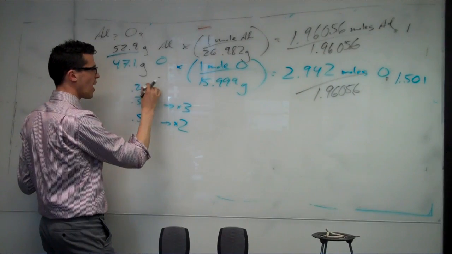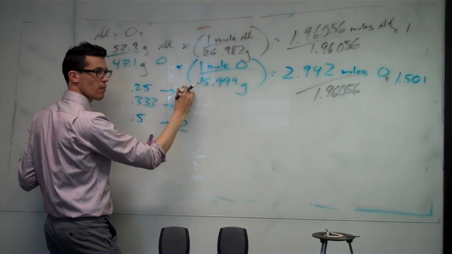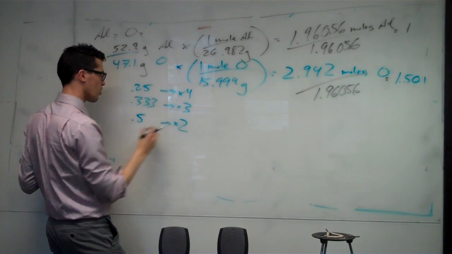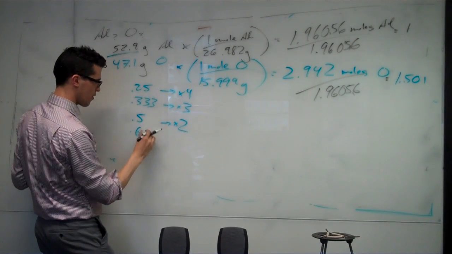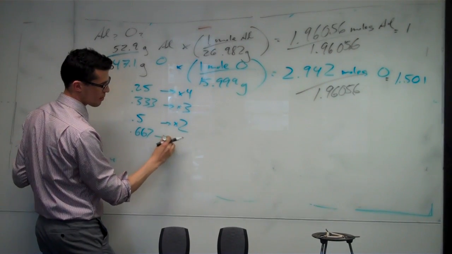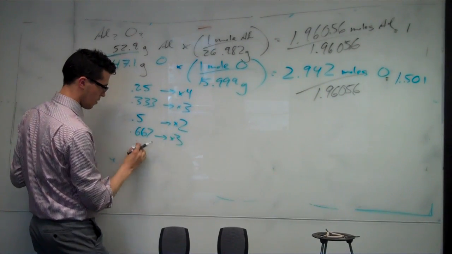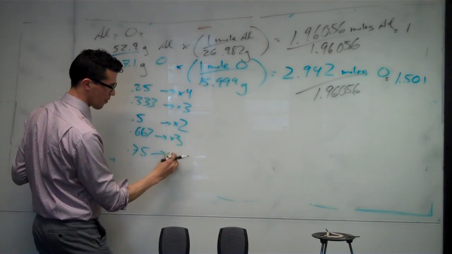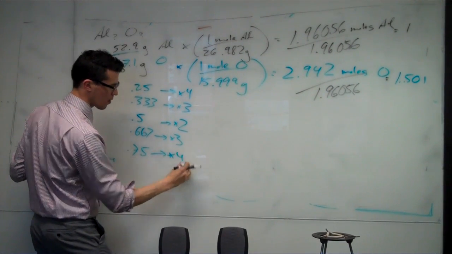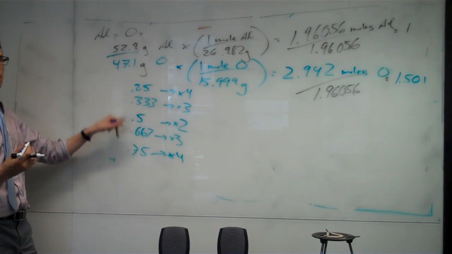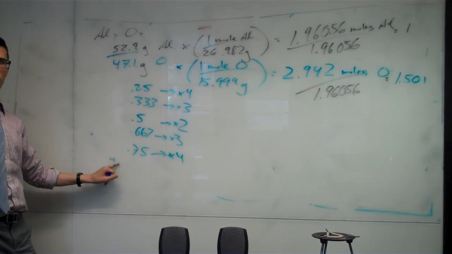And then we've got 0.25. That's going to be multiplied by 4. And the other way, 0.667 is going to be multiplied by 3. And over here, 0.75 is going to be multiplied by 4. These are the key numbers that should just start ringing bells in your head.